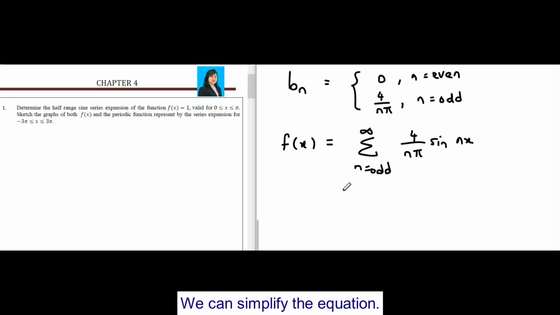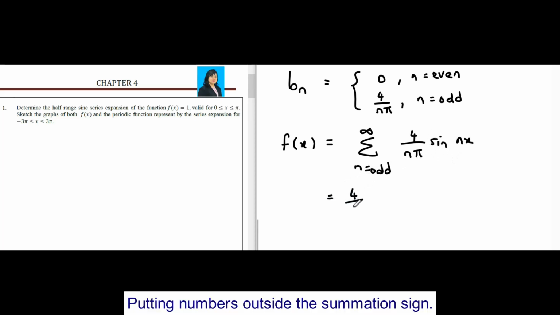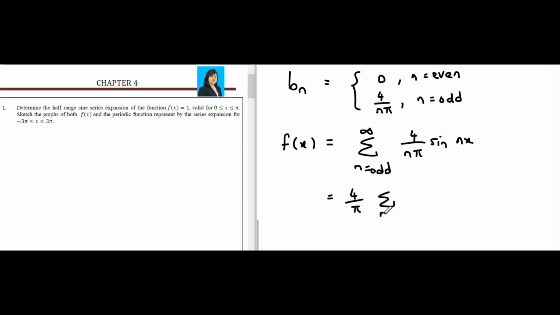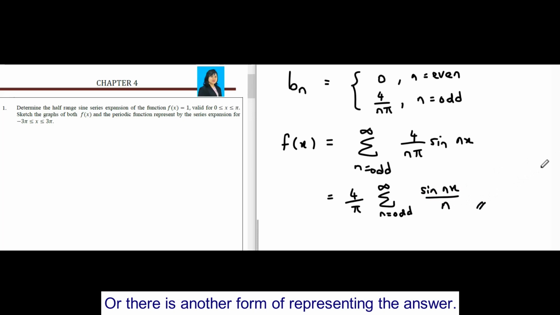we can simplify the equation, putting numbers outside the summation sign. You may leave your answer in this form, or there is another form of representing the answer.